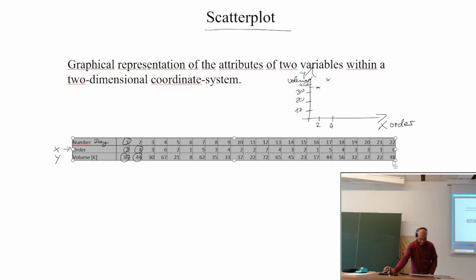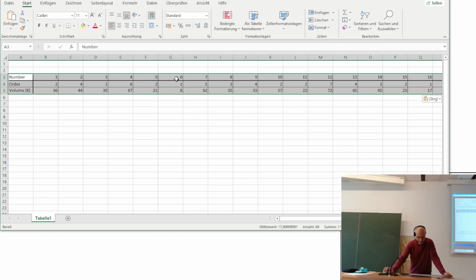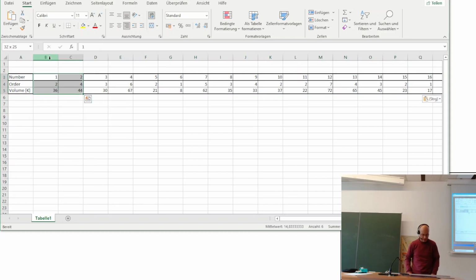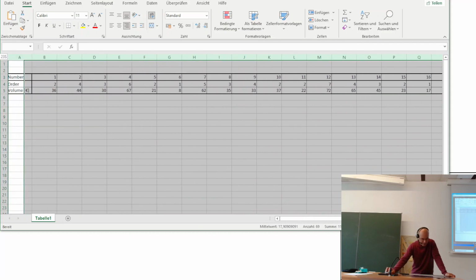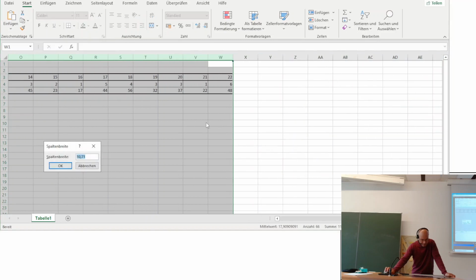Quite often, if you have a PDF file or here a PowerPoint file, you can just copy the data and put this data into your software package. And for this, we will do it quite often in Excel, so that you see everything. Let's change the width of this.